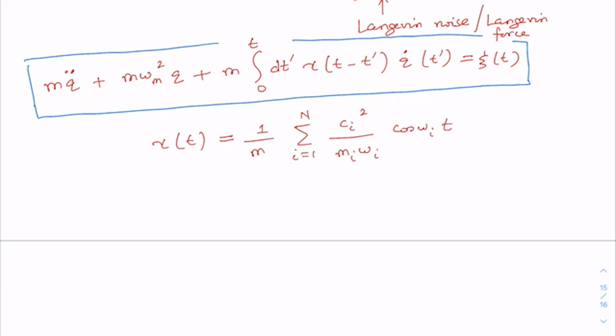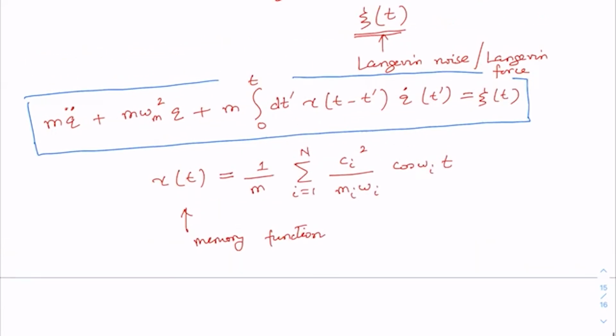This is termed the memory function, and I will talk about it all later. The right hand side is termed Langevin noise or Langevin force. Let me stop here for today.